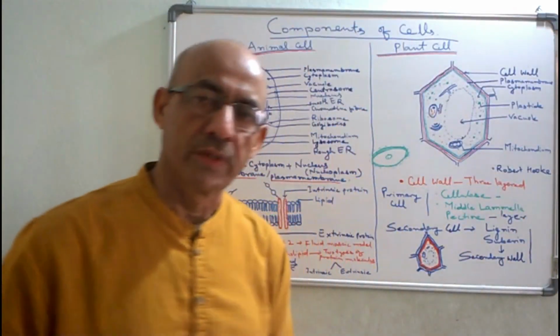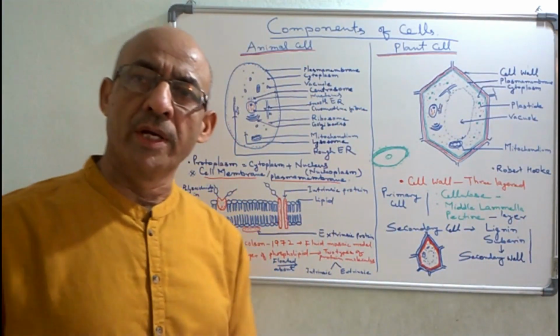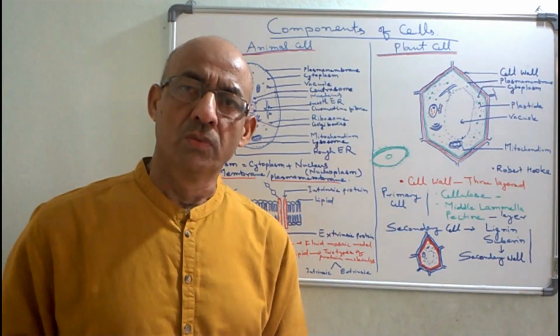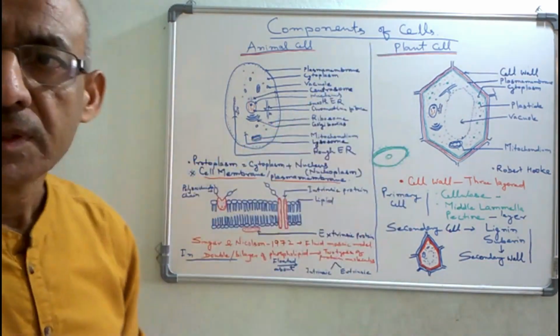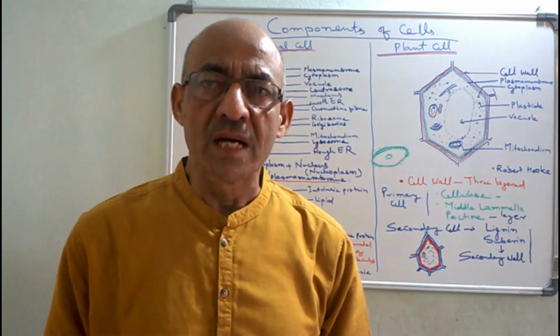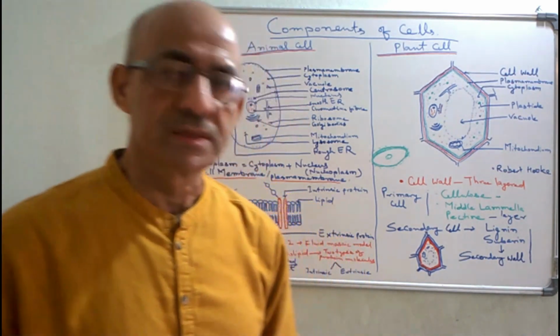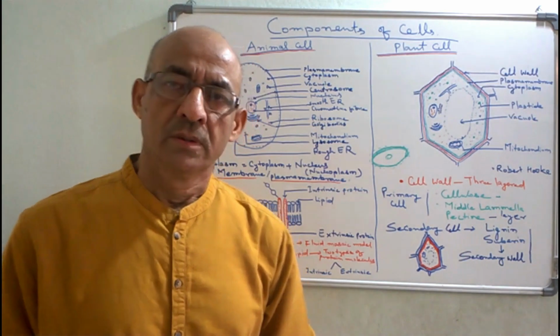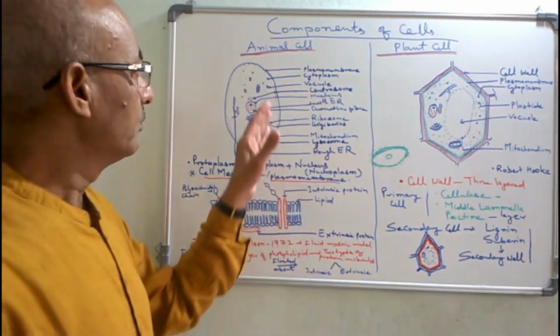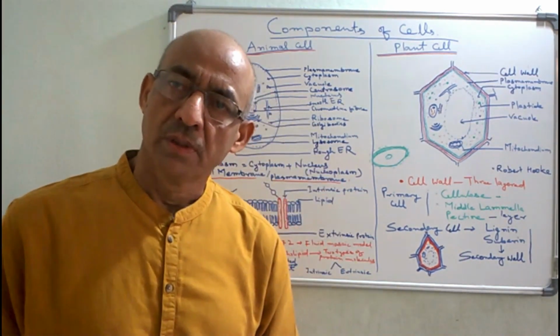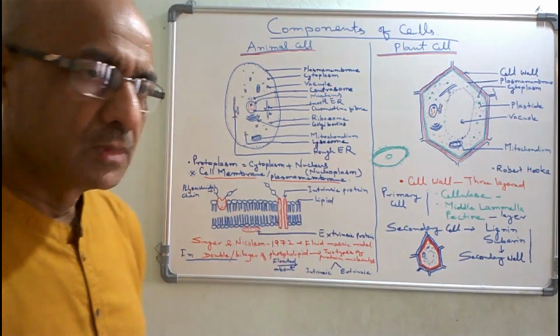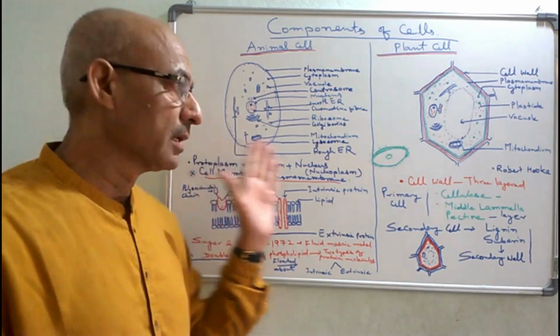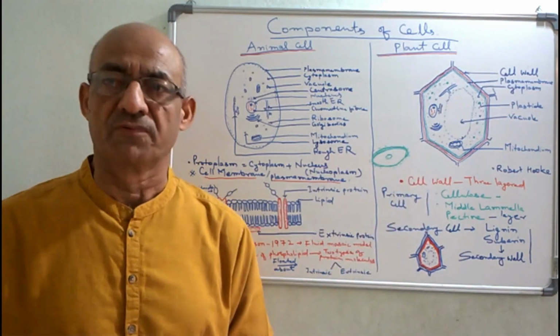Hello students, today we are going to start the structure and functions of components of cells. In the last two sessions, in 6th and 7th, we have already discussed the structures and cell organelles of animal as well as plant cells in brief.